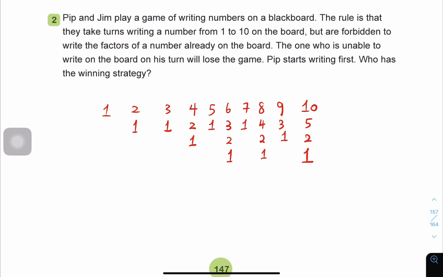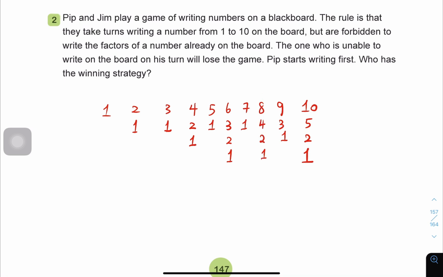Then if I'm crossing out the 8, it means that 4, 2, 1 are gone. What we have remaining will be 3 groups of 2 factors again, and 3 groups of 1 factor again. So again, this doesn't satisfy the condition of being symmetrical.